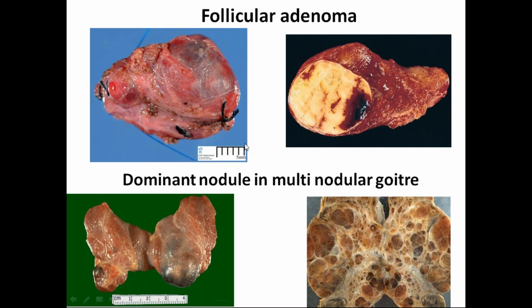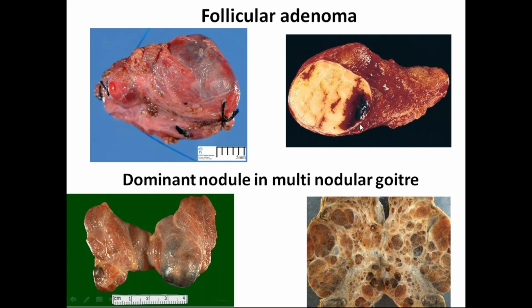Radiologically, we can also differentiate both these, and whenever we cut it, we can see a well encapsulated solid tumor. Whereas here we can see multiple nodules of varying sizes filled with the colloid. In case of follicular adenoma, it is a well encapsulated solitary tumor and the surrounding tissue it is compressing, leading to hemorrhage.